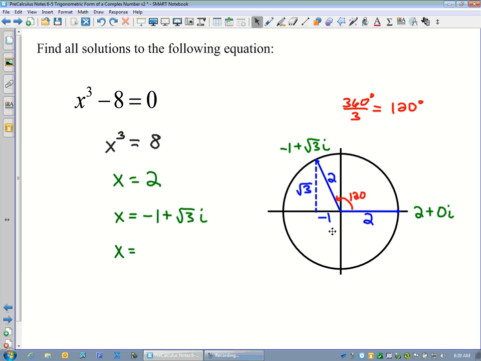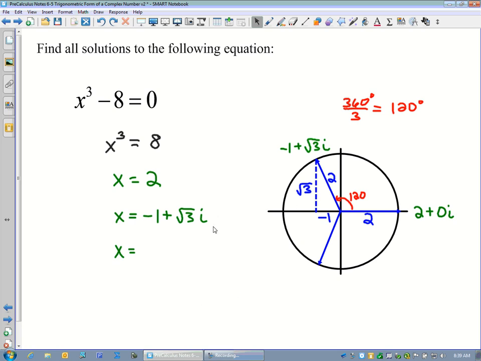Now we can continue on another 120 degrees and try to work out this triangle. But again, let's work smart rather than hard. If you remember from the rational root theorem and from dealing with polynomials, if you have a complex root of your equation, then complex roots always come in conjugate pairs.